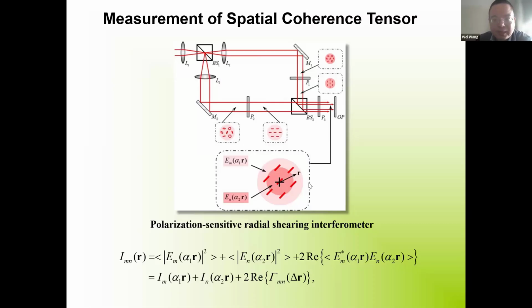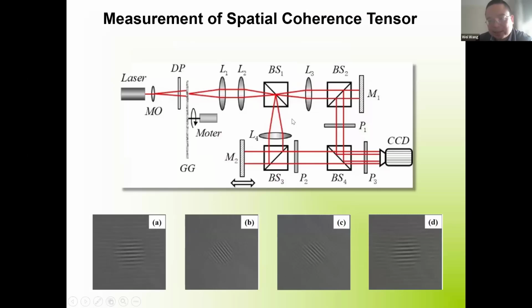This is the experimental setup, and at the bottom I show you 4 frames of polarization-dependent fringe distributions: IXX, IXY, IYX, and IYY.